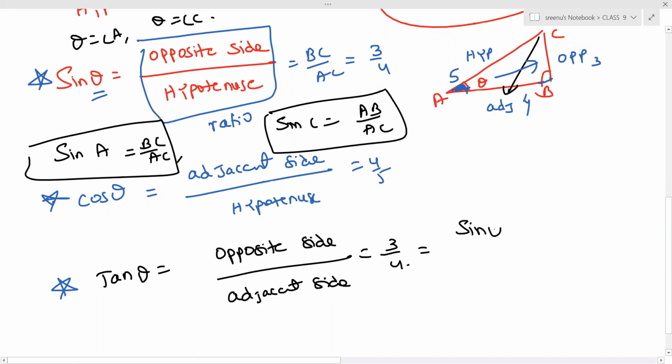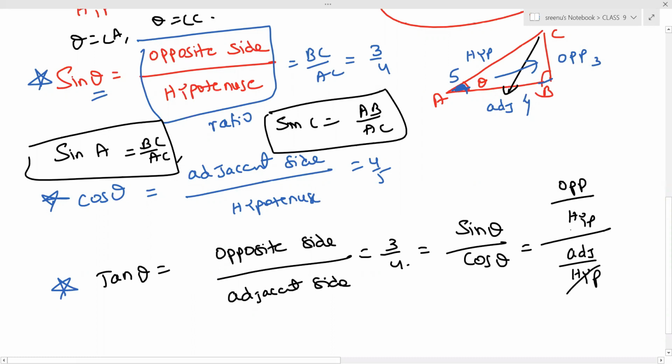We can take sine theta and cos theta; if you divide, we will get tan theta. Sine theta is opposite by hypotenuse, and cos theta is adjacent by hypotenuse. Hypotenuse is cancelled. What will you get? Opposite by adjacent. So tan is the ratio of sine and cos. Like that also we can say.